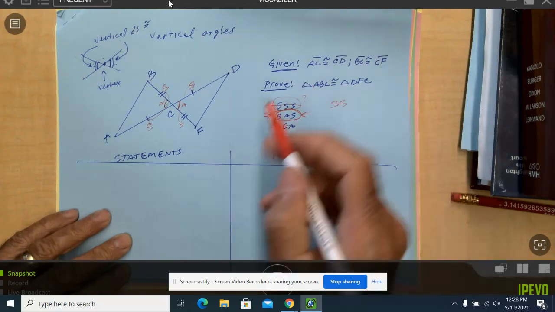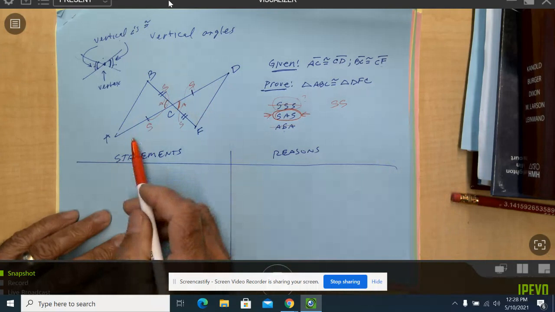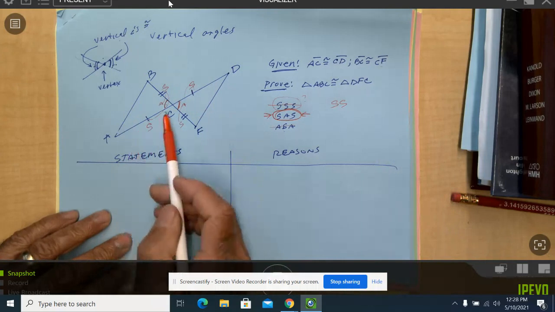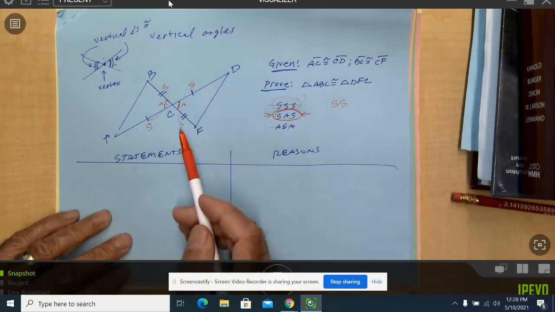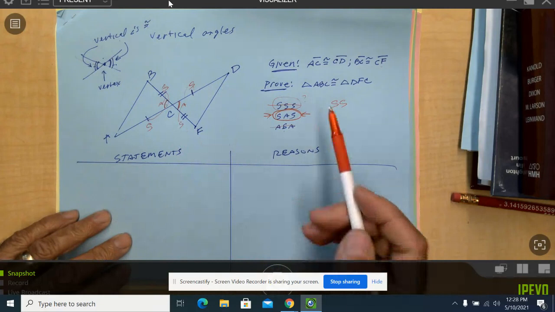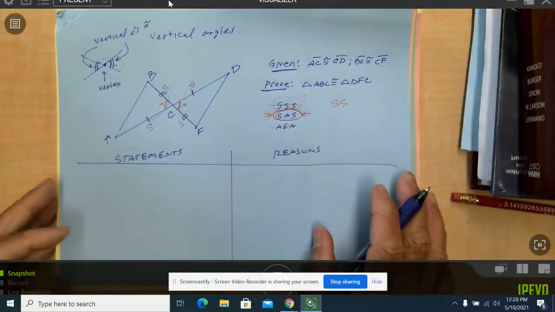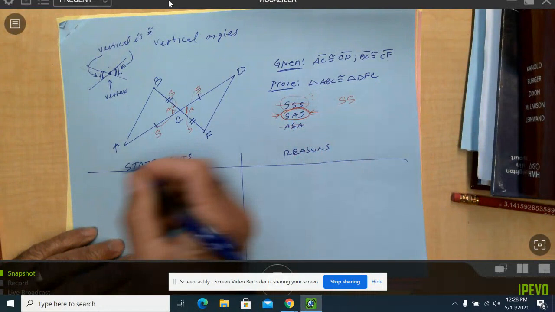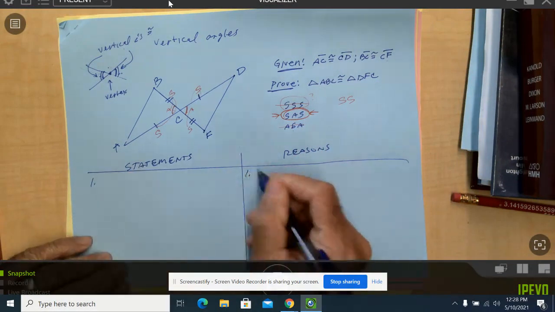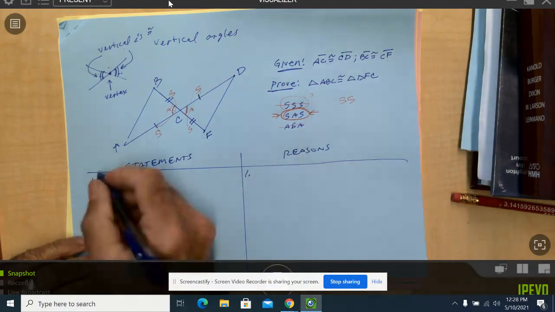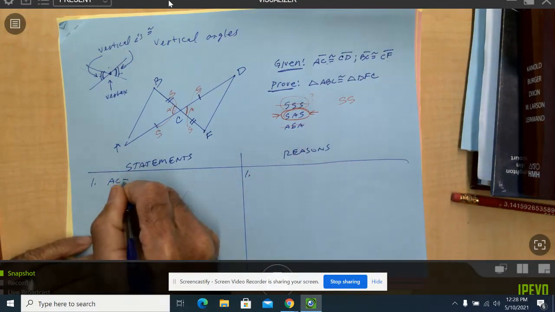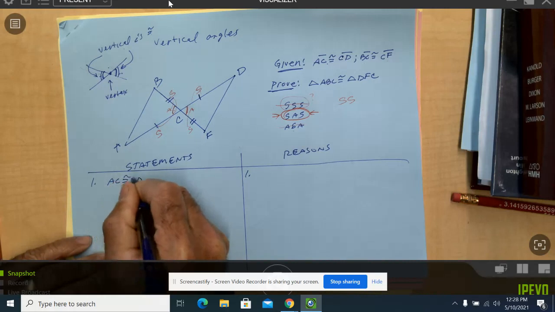That's what we do. By taking a few seconds or a minute to look at this, we can plan this out and we know what we're going to do. In general, almost always you're going to start with the given information. So that's what we start off with first. So I'm going to put AC congruent to CD.